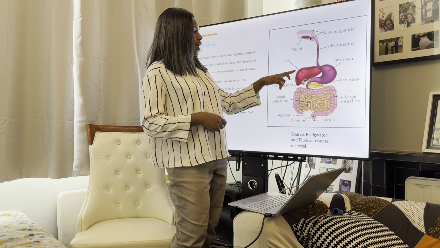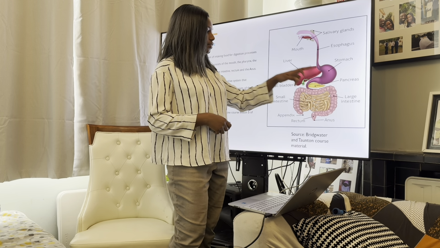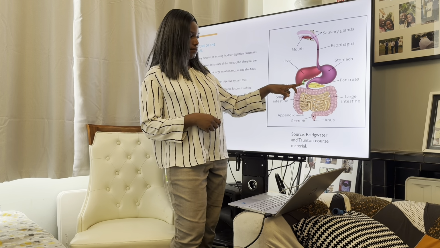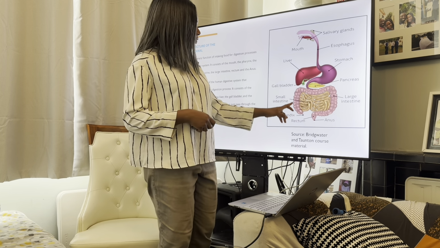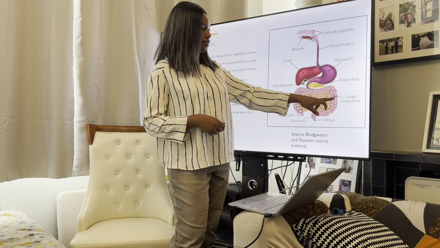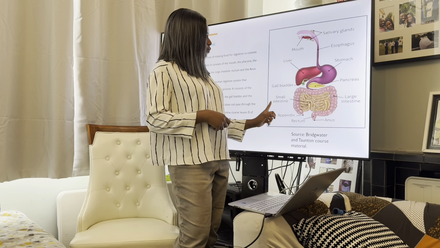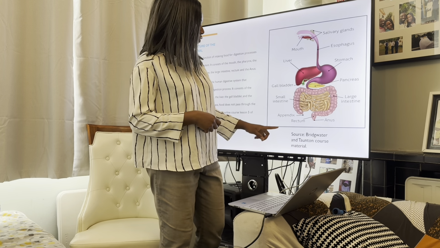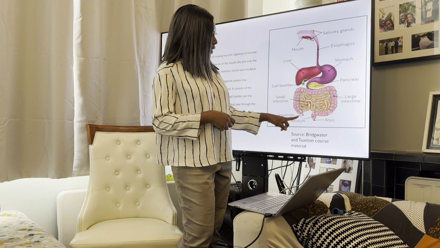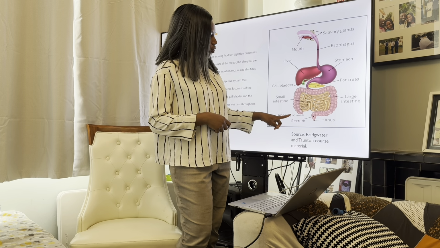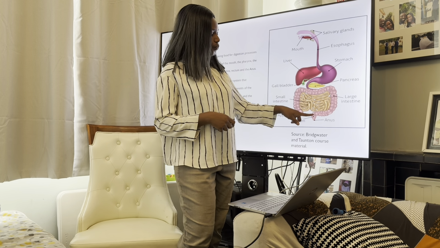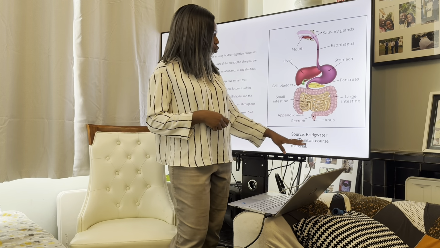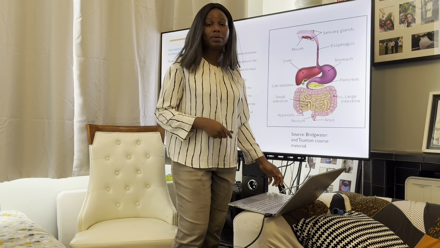On the side we've got the liver, the pancreas there, the gallbladder there, and we've got the large intestine, the small intestine inside there as well, and here the appendix. We also have here the rectum, and then the anus. And this was sourced from the Bridgewater and Taunton College material.